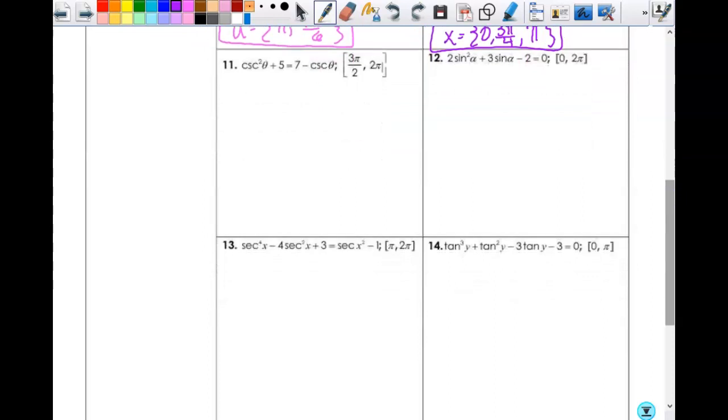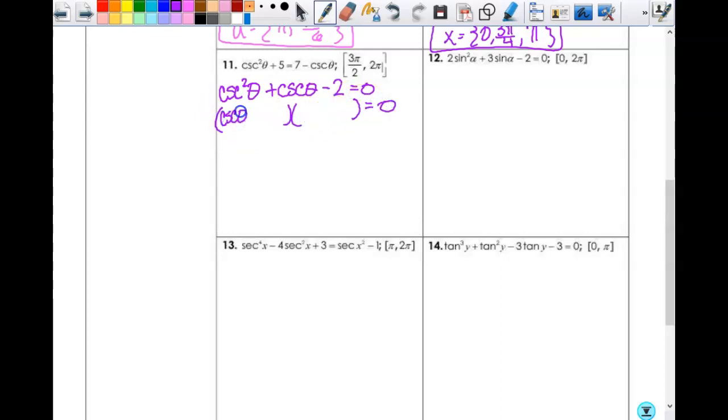We've got cosecant squared theta plus 5 equals 7 minus cosecant theta. This is a quadratic, so I've got to move everything to one side. I want to leave this positive, so we'll move it to the left. Cosecant squared theta plus cosecant theta minus 2 equals 0. I need to factor it into two binomials.